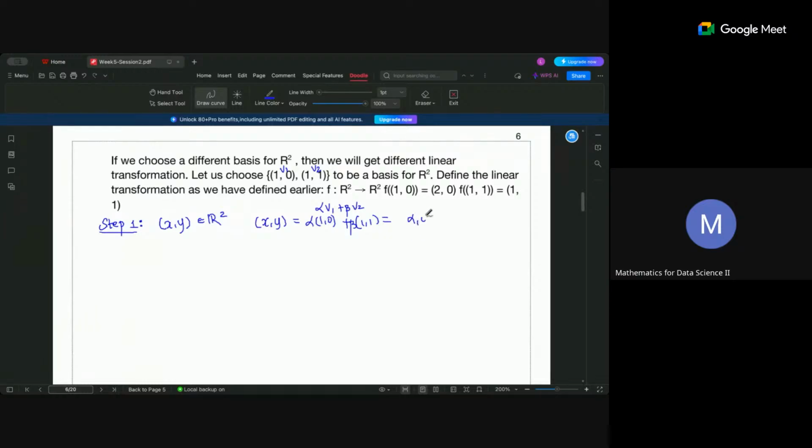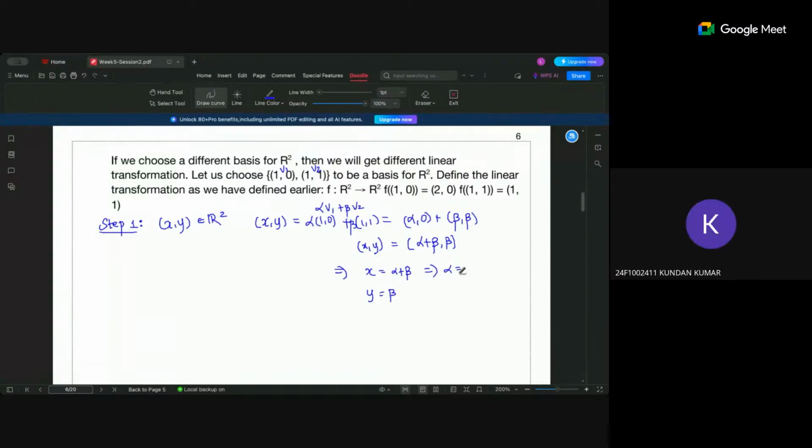This is (alpha, 0) plus (beta, beta), which simplifies to (alpha plus beta, beta). Now we have to compare it with (x, y). So if we compare, we get x is equal to alpha plus beta and y is equal to beta. So you know beta is y. What is your alpha then?